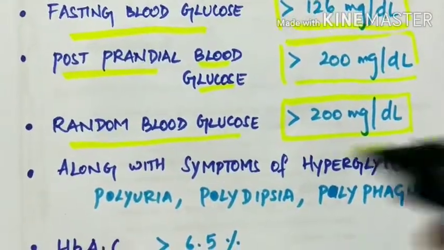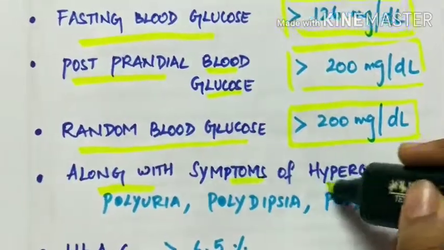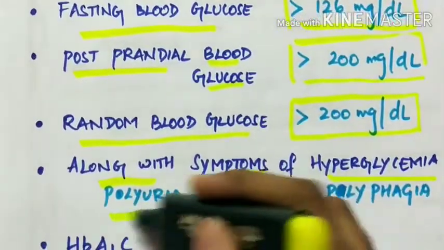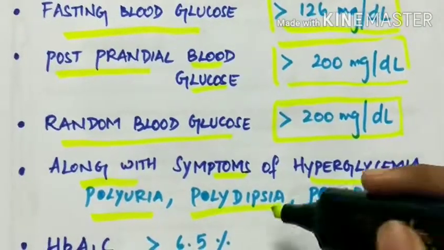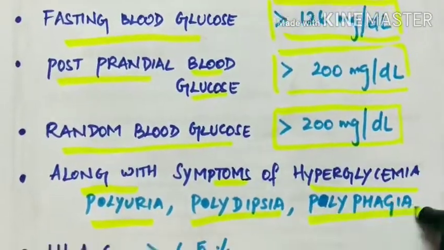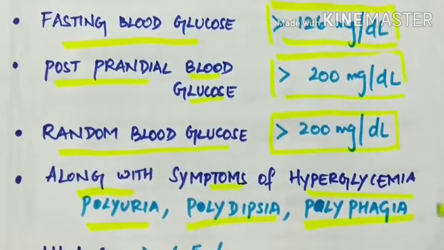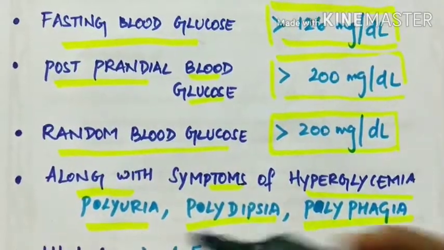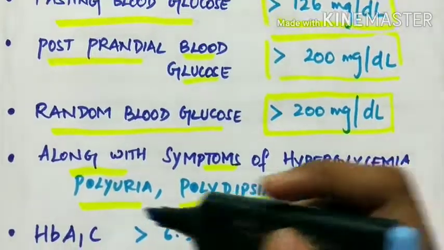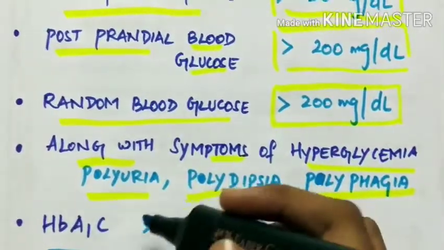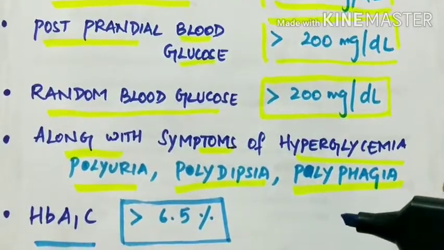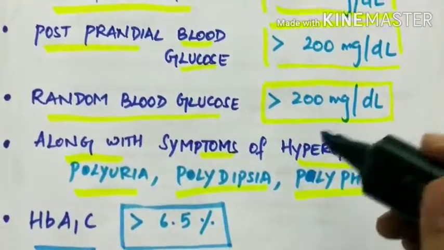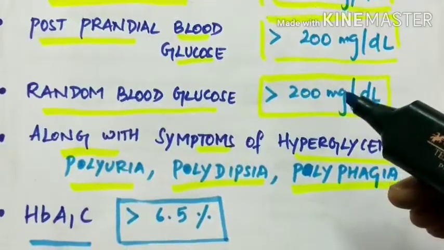These should be present along with the symptoms of hyperglycemia, that is polyuria, increased urination, polydipsia, increased thirst, and polyphagia, increased hunger. And HbA1c, that is the glycated hemoglobin, should be greater than 6.5%. This is the diagnosis of diabetes mellitus.